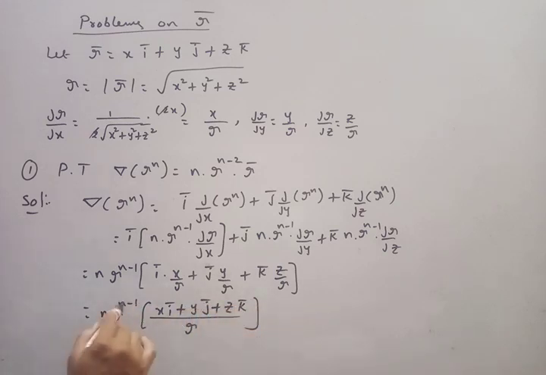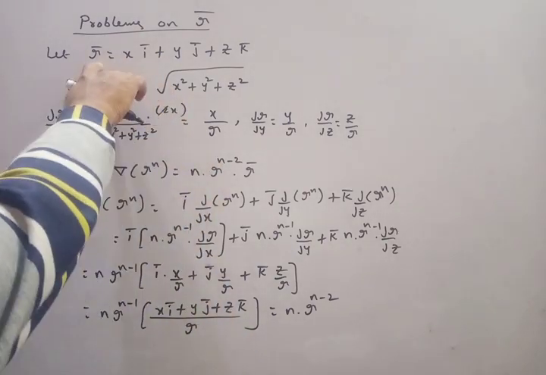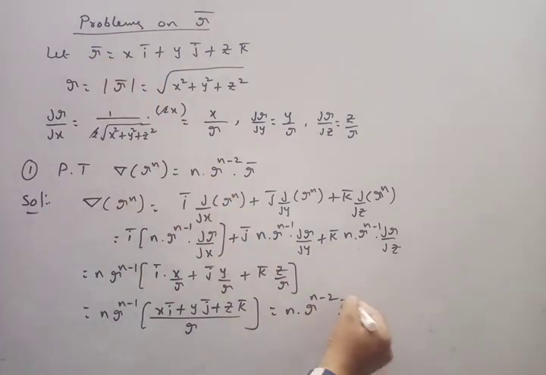Correct? So this r will come to the numerator. This becomes n into r power n minus 2. This will come as r power minus 1. So bases are the same, powers can be added: r power n minus 1 minus 1, r power n minus 2. x i bar plus y j bar plus z k bar is nothing but r bar. So this is the proof he is asking.